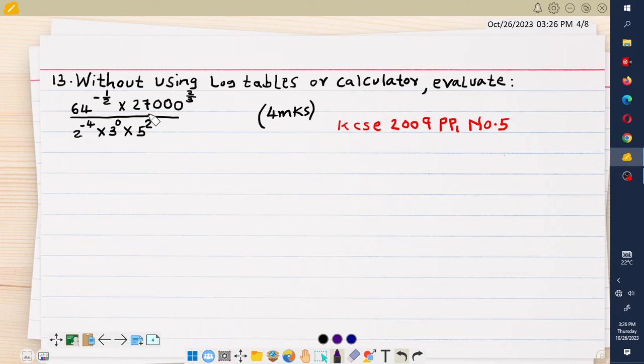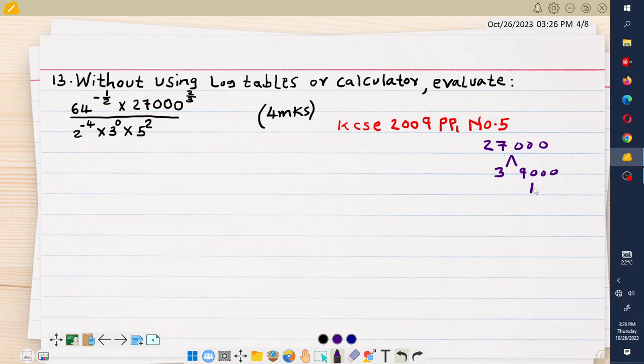So we are going to break down the given values in terms of their factors. Let me start with 27,000. You want to break it down so that you find its common factors. I'll start with 3. 27,000 divided by 3, you are going to get 9,000.